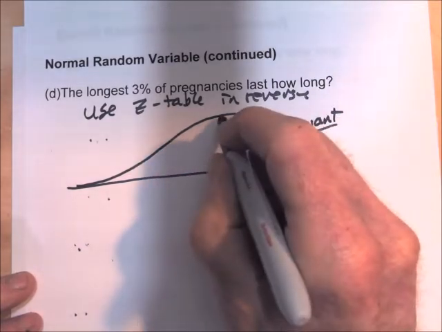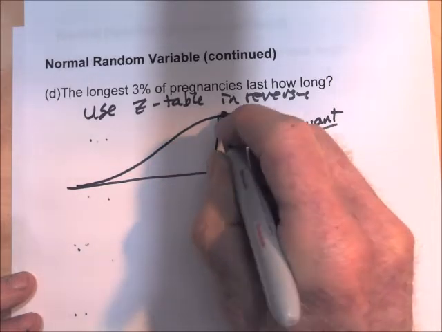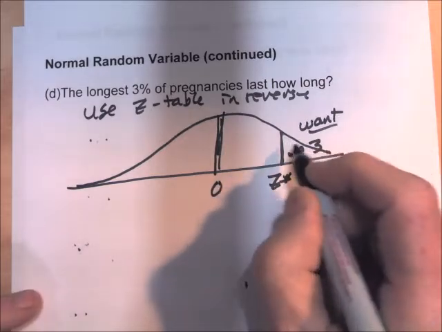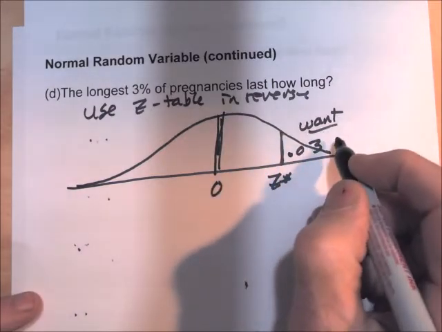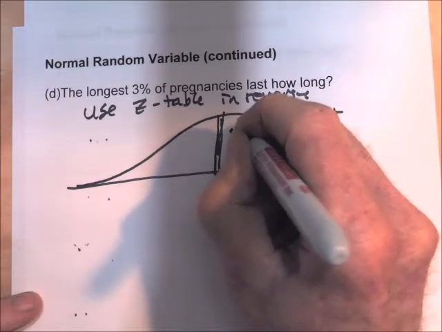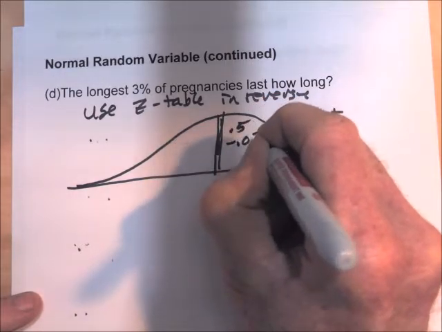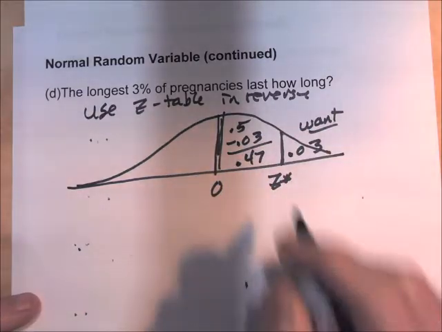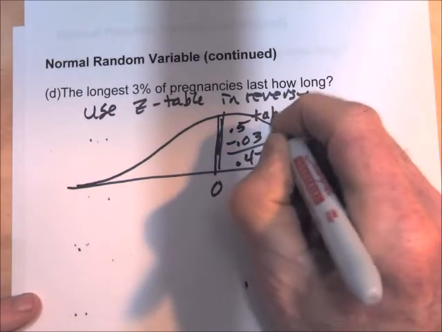And what's going to be in the table is between 0 and z star. So it's going to be 0.5 minus 0.03, which is 0.47. So this is what we want to look for in the table.